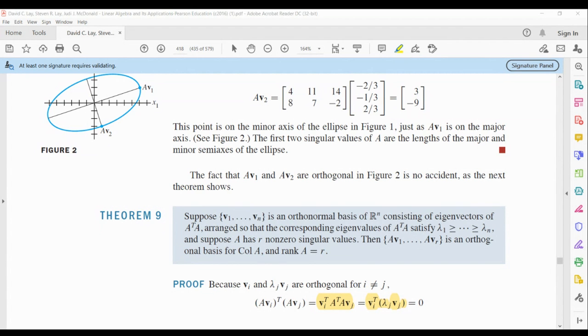But the eigenvectors vi and vj are orthogonal to each other because you have an orthonormal basis, so that equals 0. So the vectors u1 and u2 in our example, which were scalar multiples of Av1 and Av2, would be orthogonal.